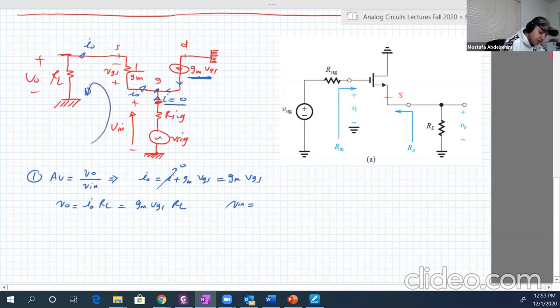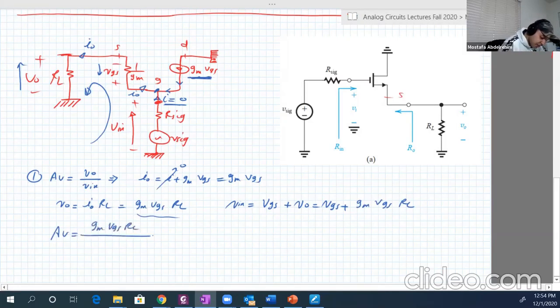So from that loop here, V input is equal to VGS plus VO, which is VGS plus GM VGS RL. So AV is basically equal to VO, which is GM VGS RL, over VGS plus VGS GM RL. VGS will go away, so this will be RL over RL plus 1 over GM.